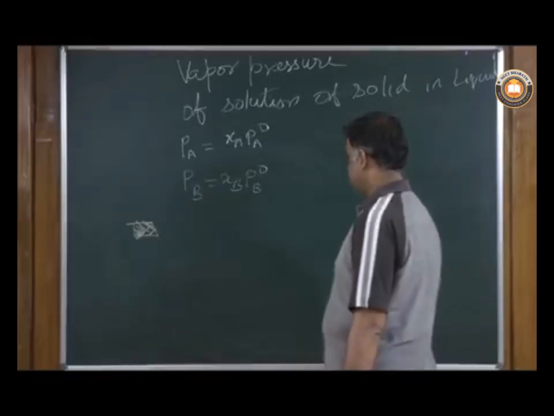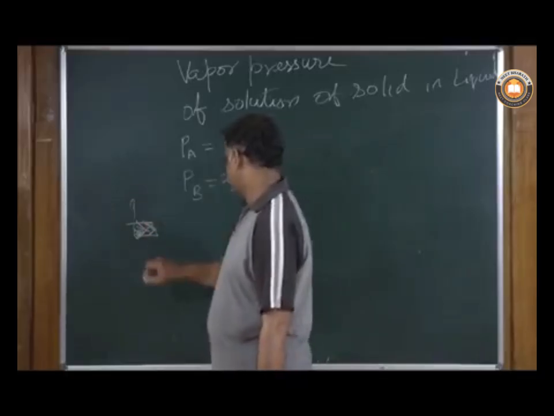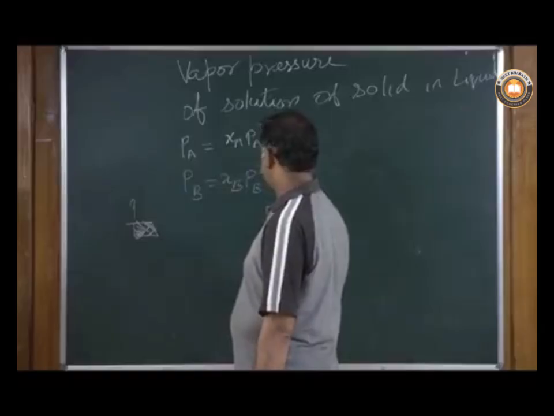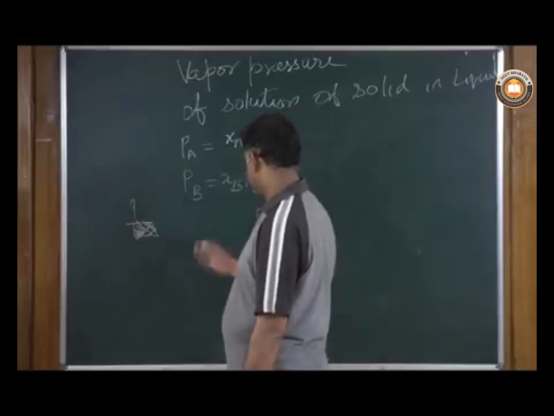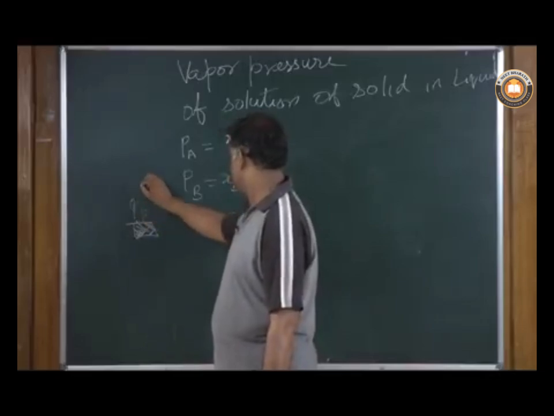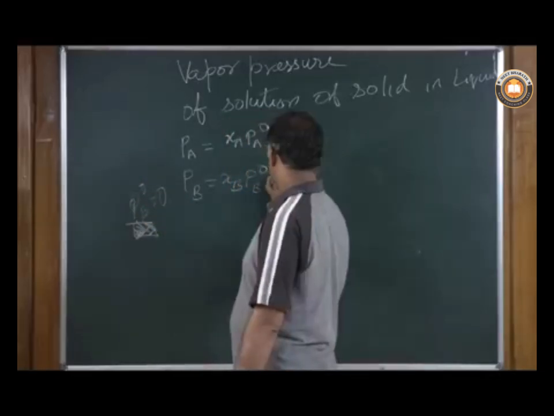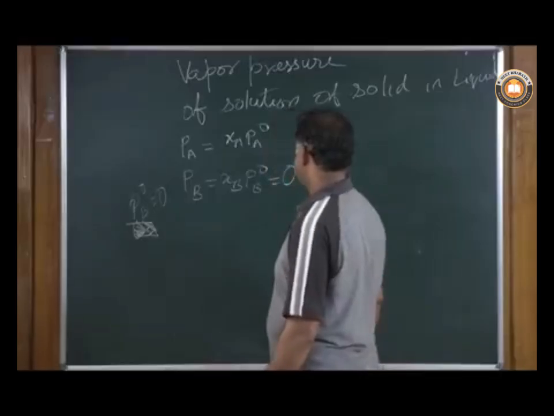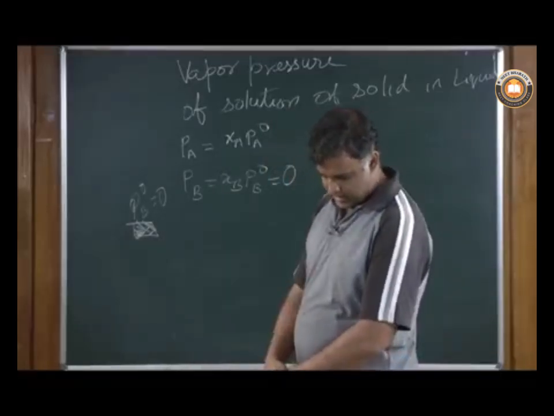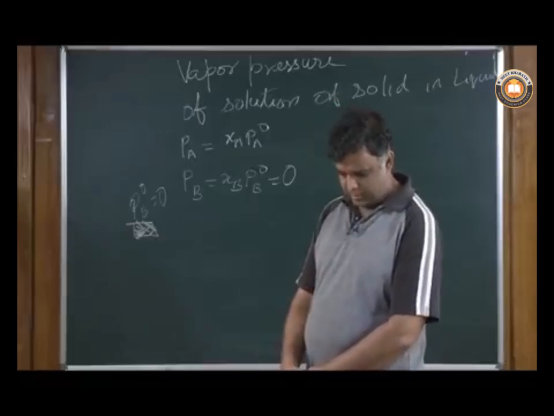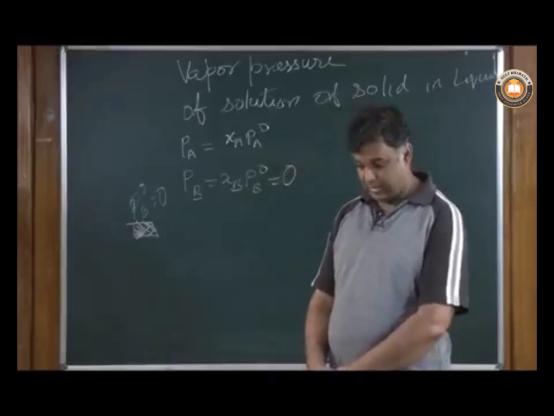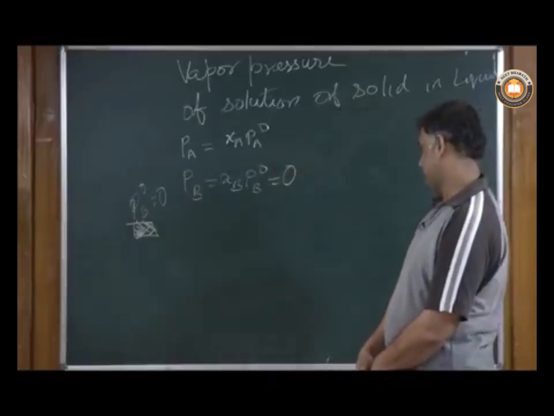In such cases, let us say A is the solvent and B is the solute. Then in that case, P B 0 is going to be 0. So, this is going to be 0. Raoult's law in general says that for any solution, the partial vapor pressure of each volatile component in the solution is directly proportional to its mole fraction.